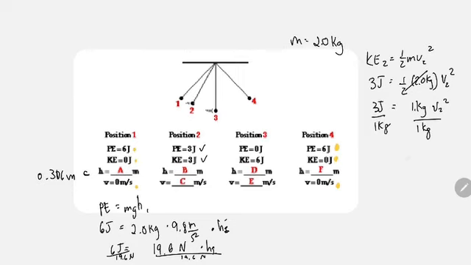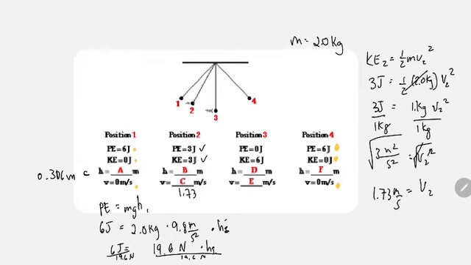So we have meter squared per second squared. Square root. Square root of 3 is 1.73 meter per second. Is that correct? Yes. 1.73 meter per second.